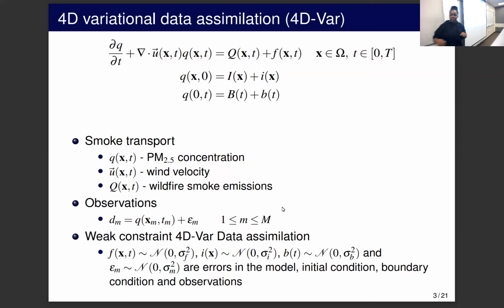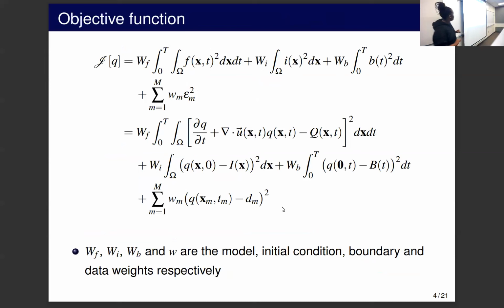And we can do that by minimizing the objective function, which is the weighted sum of squared error terms in the least squares sense. This cost function in terms of q is equal to the sum of the squared error in the model, the squared error in the initial condition, in the boundary, and then the observations.